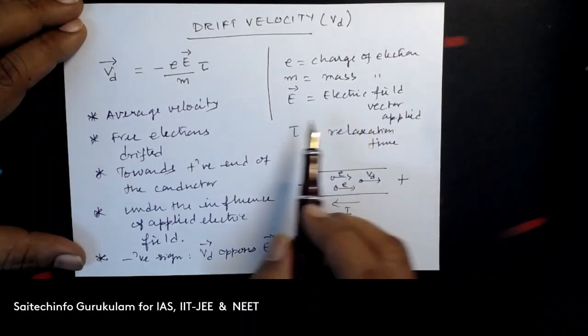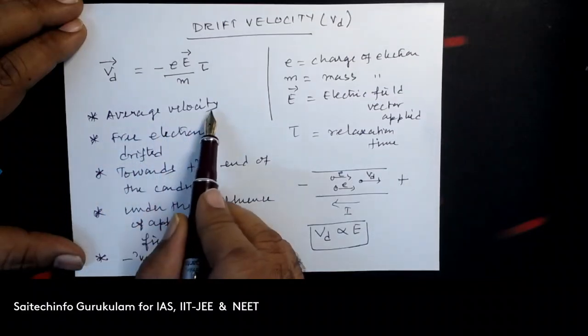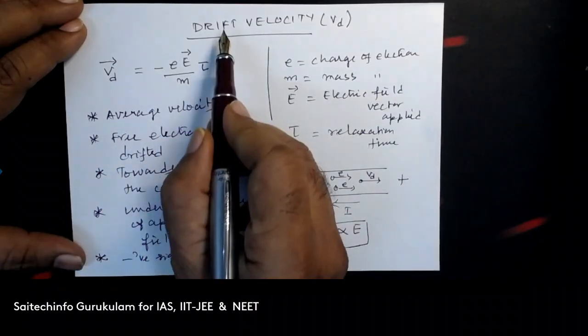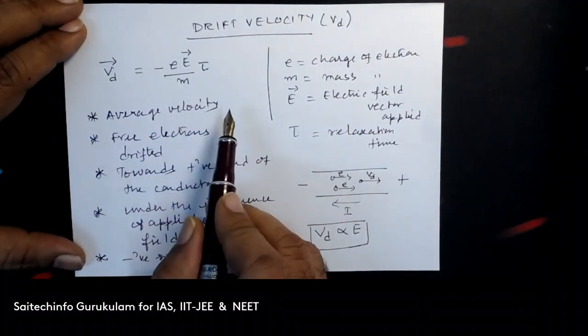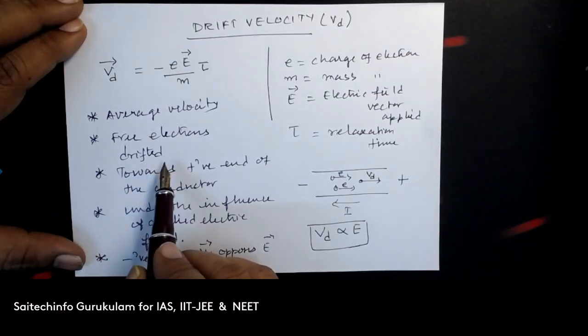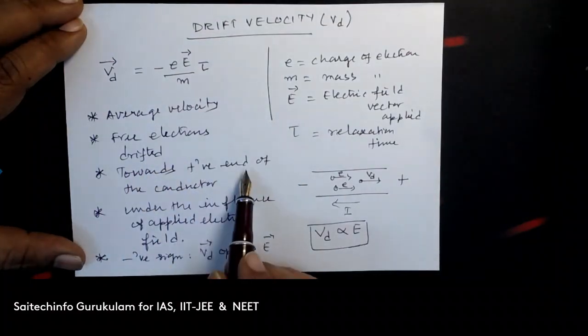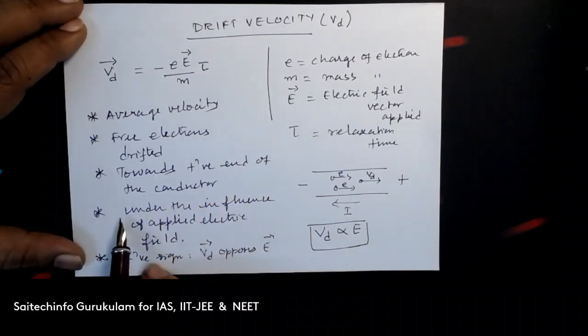Now, this drift velocity is nothing but the average velocity of the free electrons drifted towards the positive end of the conductor, under the influence of the applied electric field.